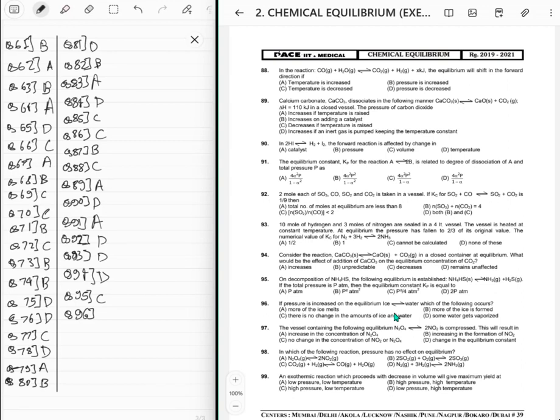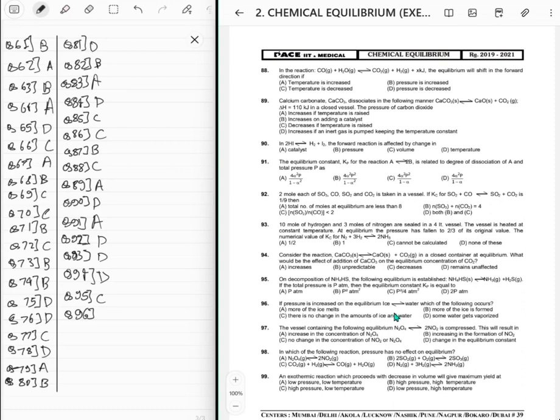Cool. If pressure is increased on the equilibrium, ice gives water. Okay, which one of the following occurs? Oh, more of ice melts. There is no change in amount of ice and water. More of the ice is formed. Some water gets vaporized. So how does pressure change ice water equilibrium? I mean, if it was water and vapor equilibrium, that would make sense.